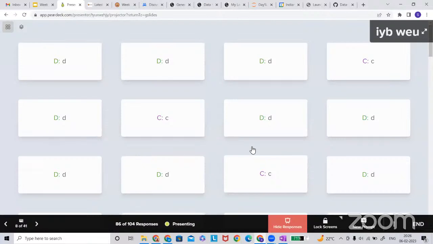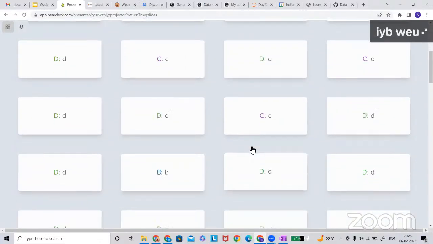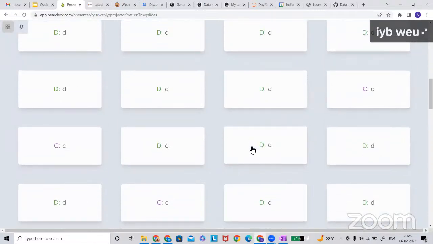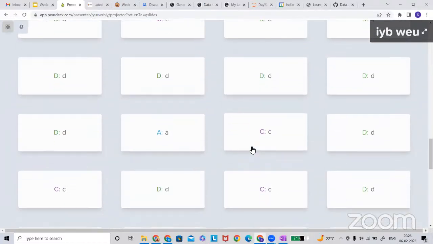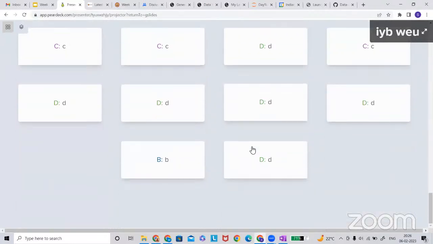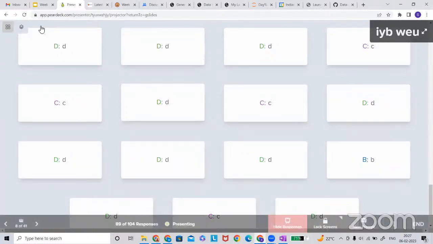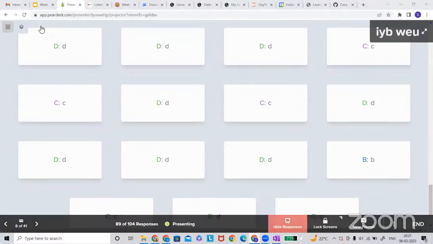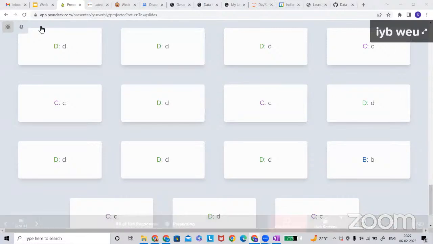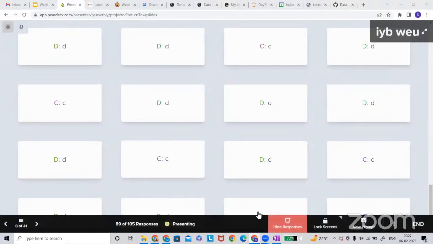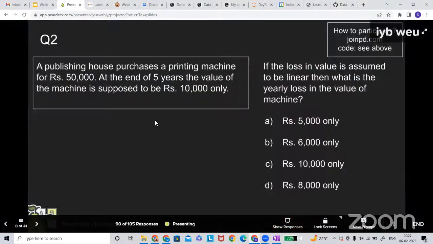Okay, D, C. Many of you posted D, some C. Okay, so let us start the solution.